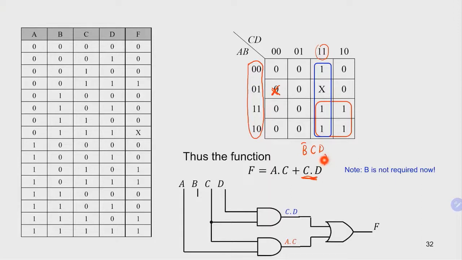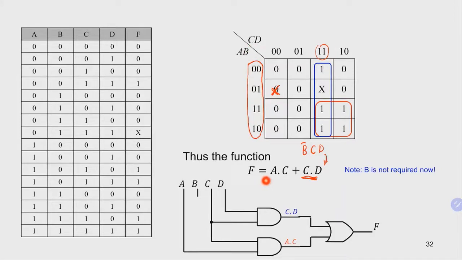If this function were in canonical form, taking X as 1, we should have 6 terms in the function, and each term is a minterm, meaning each term will have the variables A, B, C, and D.